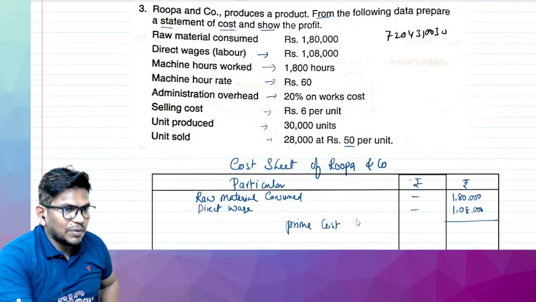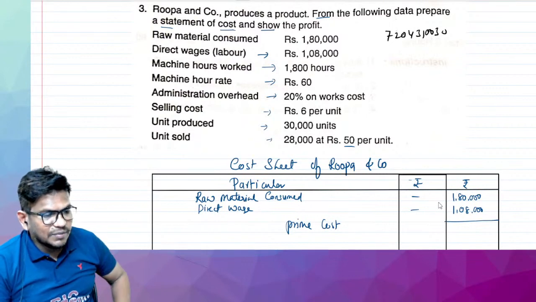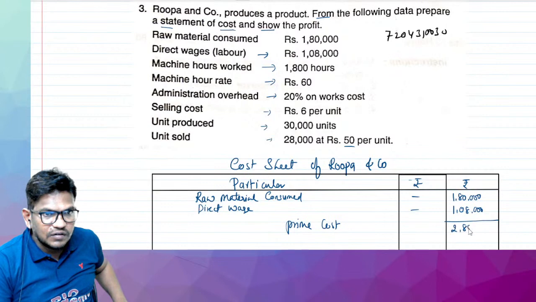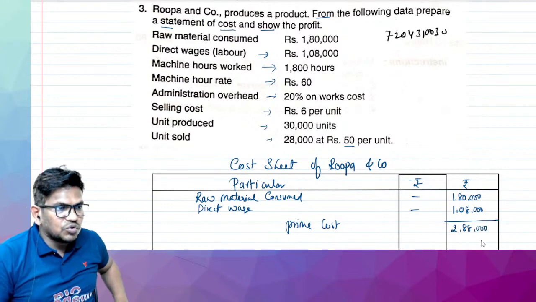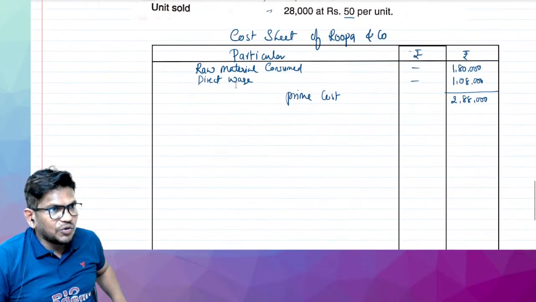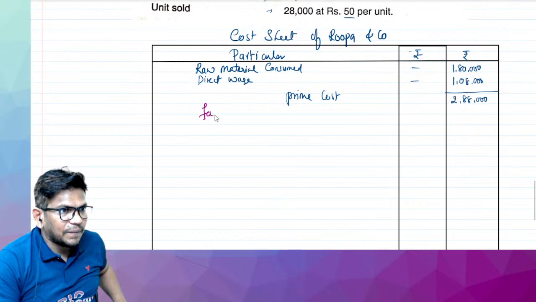Prime cost, how much will it be, children? Tell me, 1,80,000 plus 1,08,000, how much will it come? 2,88,000. That's fine. You got the prime cost. Next, my dear student, factory overhead.